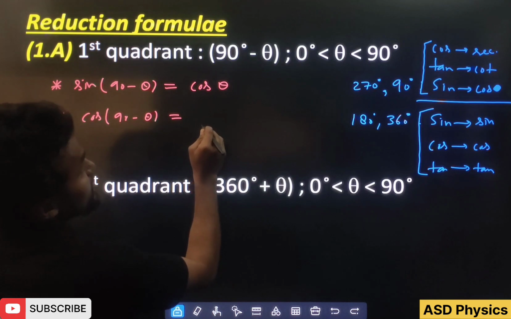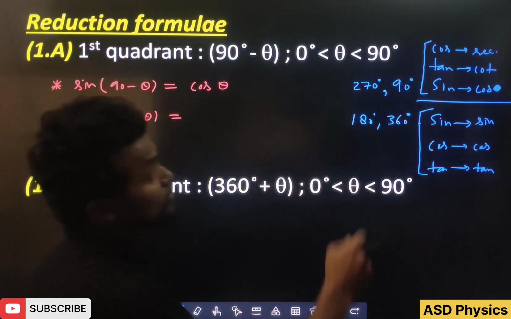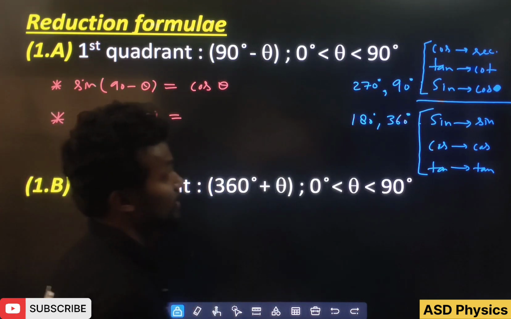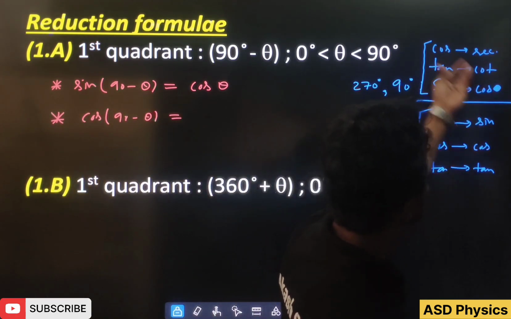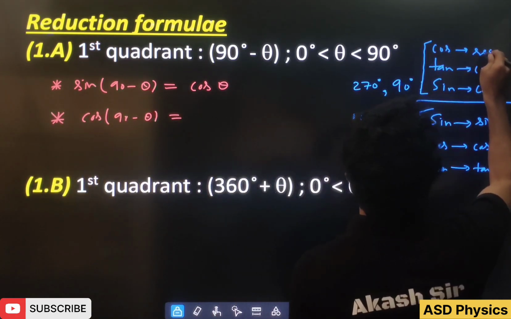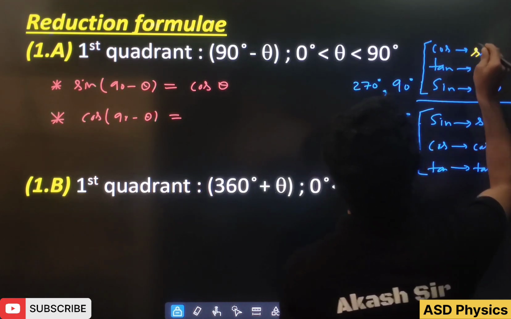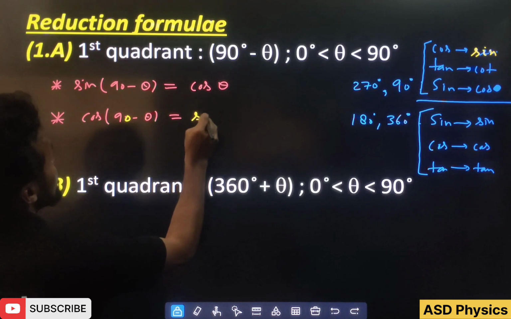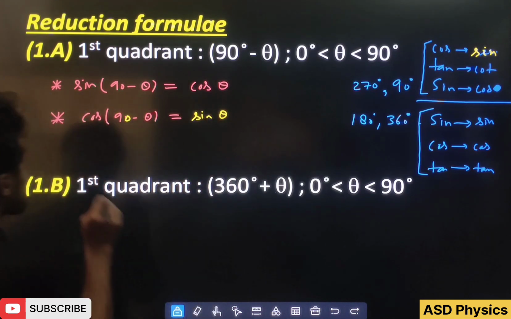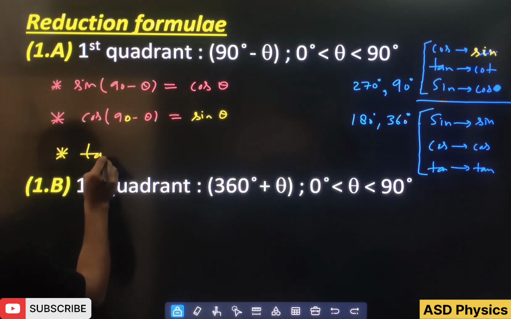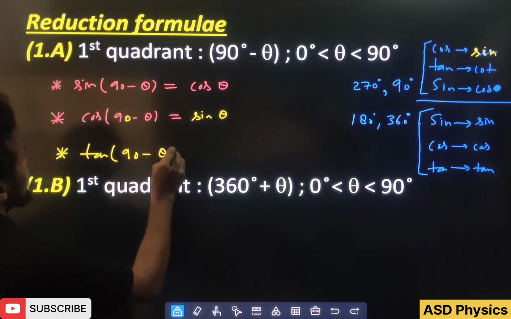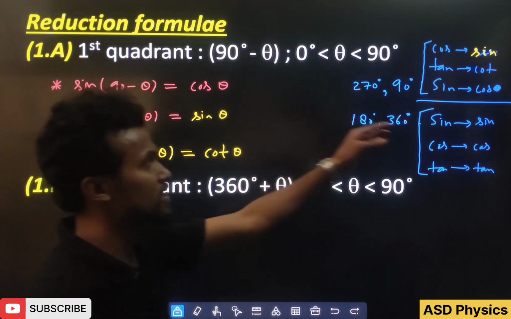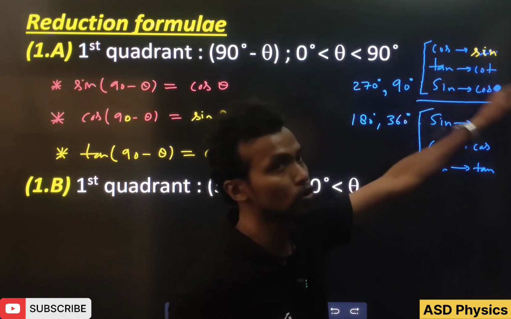So cos 90 minus theta will become sine theta. Similarly, if I write tan 90 minus theta, it will become cot theta. So whenever we are dealing with 90 degree, the functions will change: sine to cos, tan to cot, cos to sine.